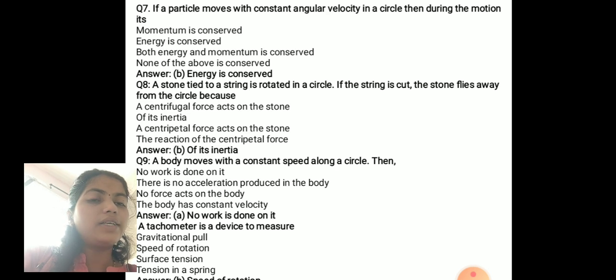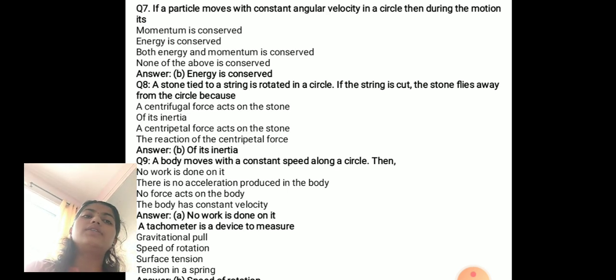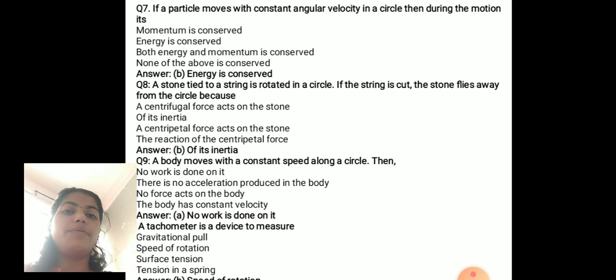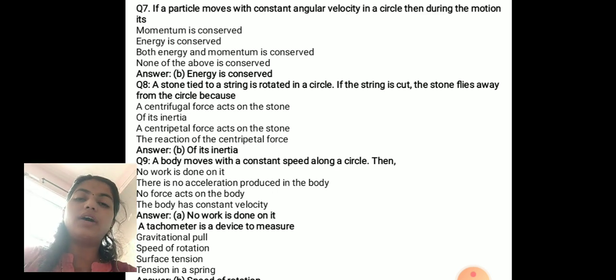If the string is suddenly cut, the stone flies away from the circle, because its path was circular and the string is cut in between.